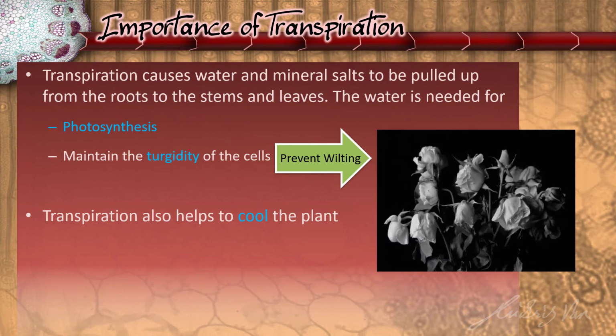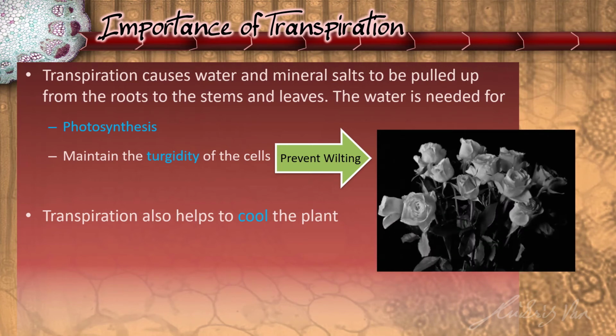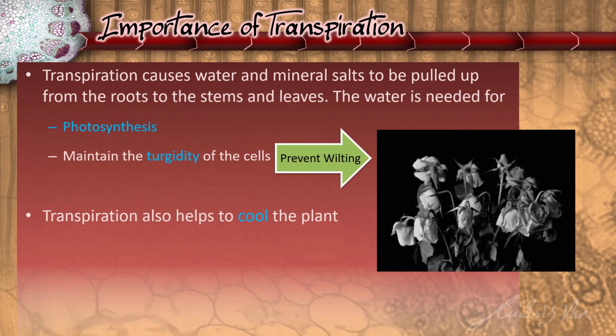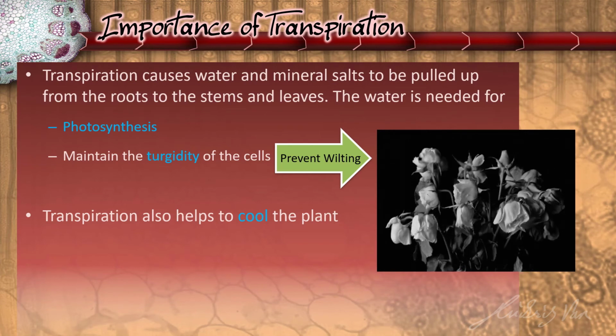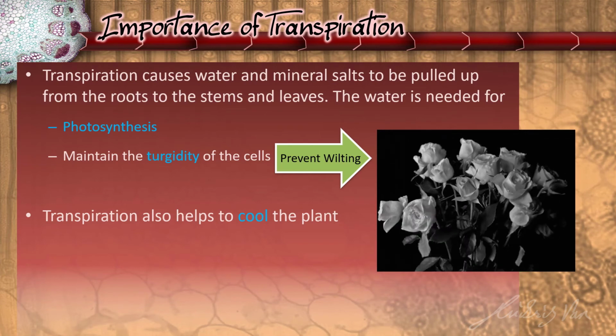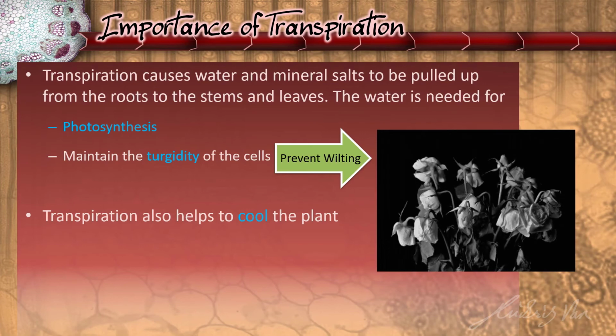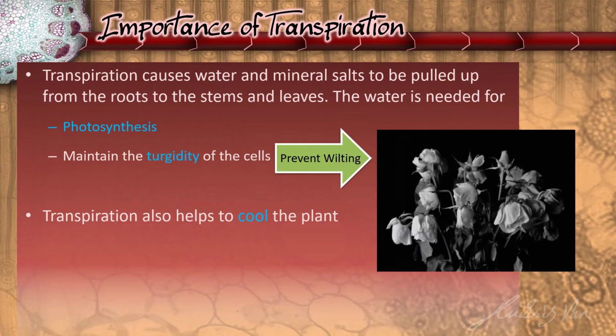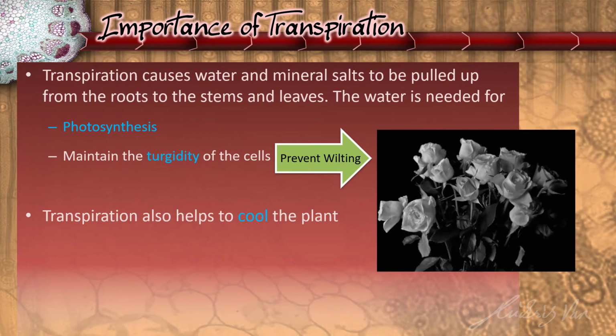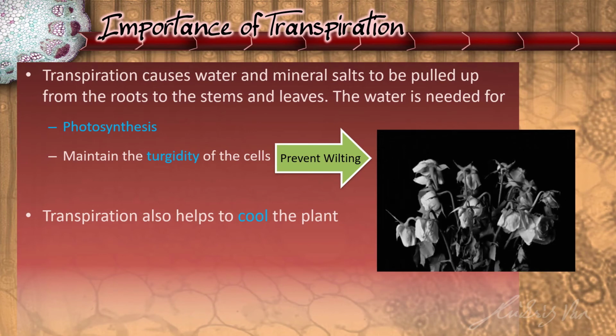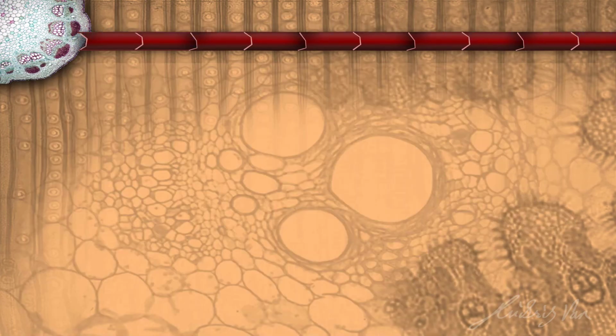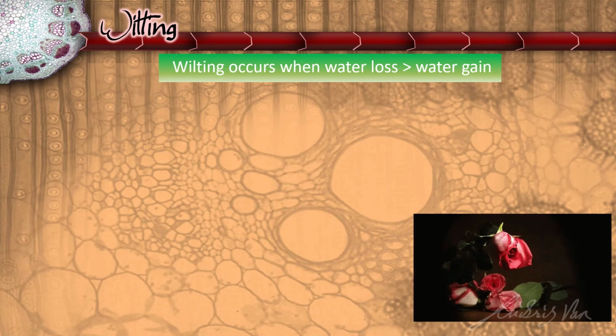However, just because wilting looks bad on the plant doesn't mean that wilting is a bad thing. Wilting occurs as some sort of homeostasis of the plant. So wilting has its importance. So please copy down this as well.